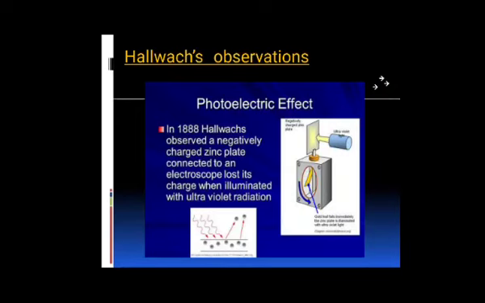Hallwach used a gold leaf electroscope and a zinc plate. A gold leaf electroscope is used to detect charge on a body, and a zinc plate consists of both positive and negative charges.